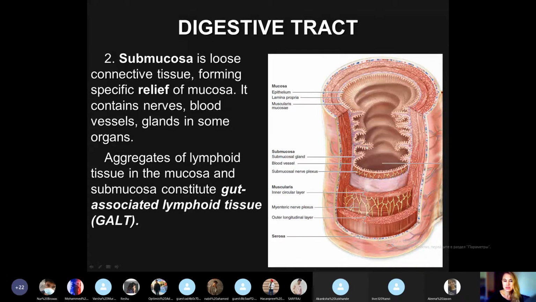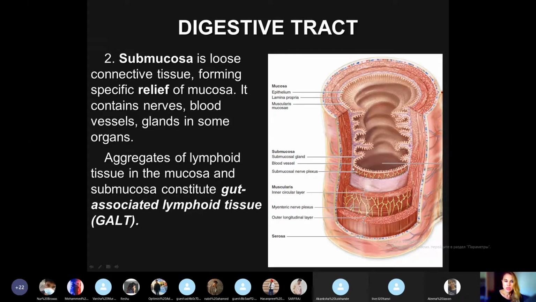And these extensions, or even invaginations, are specific for the different parts of the digestive system. This is how we can distinguish the organ on a histological specimen by, first of all, the shape of its relief. So one more time, the submucosa forms the specific relief of the mucosa, and it is composed of connective tissue.